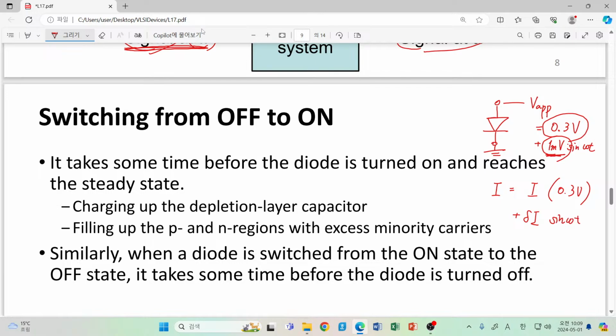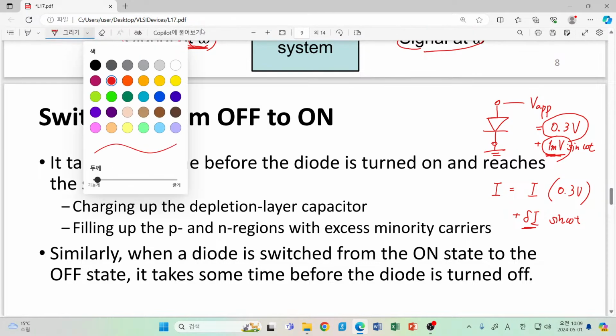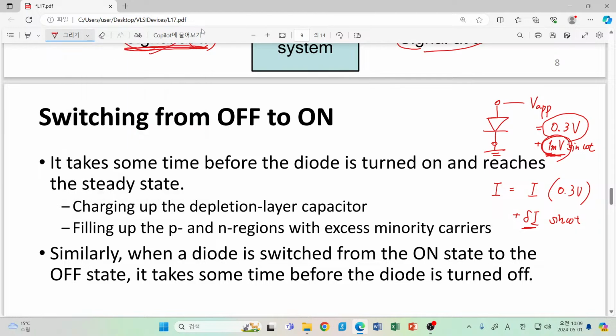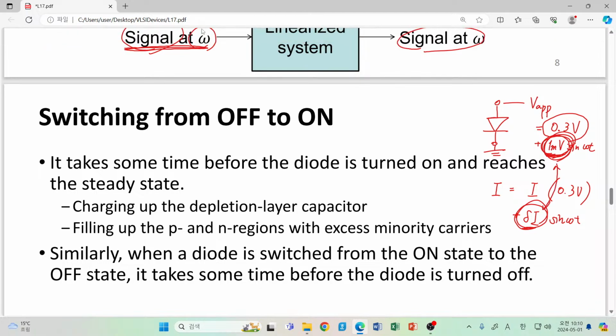So you will have this small delta I. Then the relation between this 1 millivolt and this delta I can be expected and found. That gives a certain kind of information.